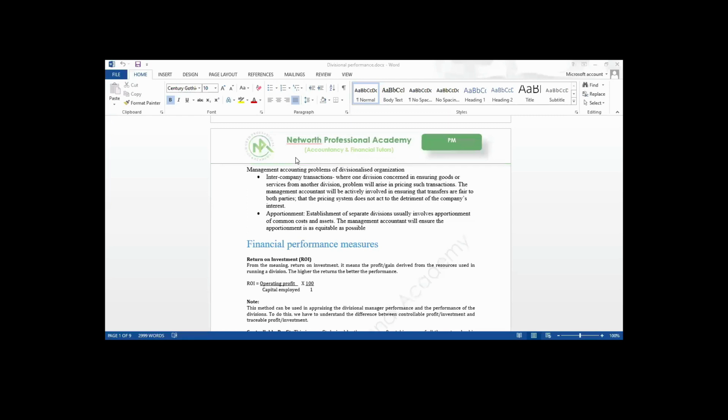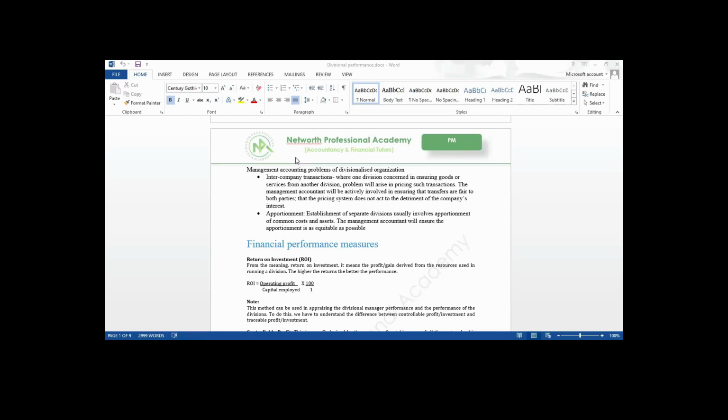Number 2 problem, apportionment of overhead costs. Common costs incurred on behalf of all divisions. For example, maybe the HR is centrally controlled. The HR is responsible to source staff for Division 1, Division 2, Division 3, Division 4.